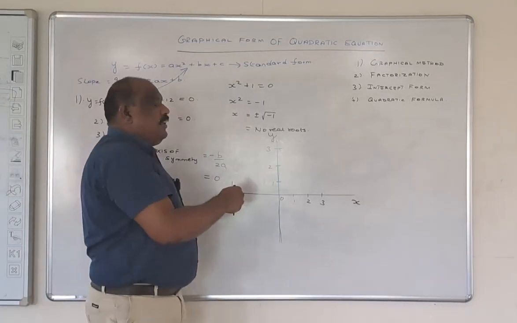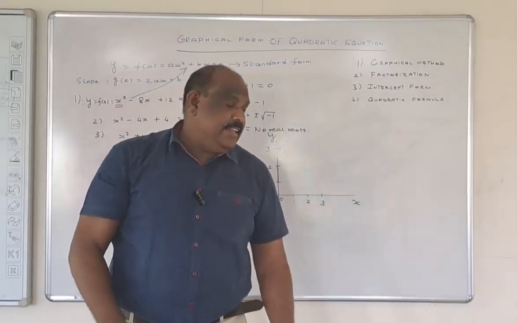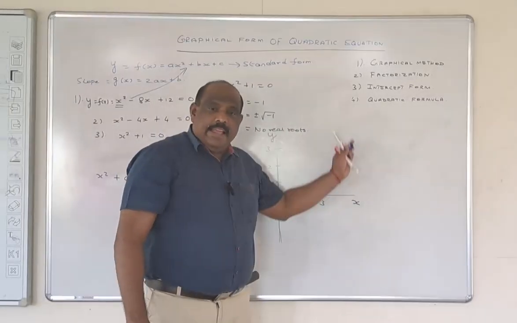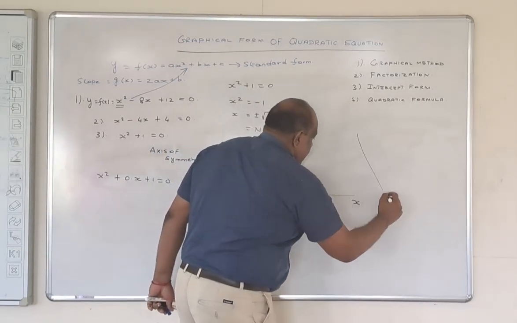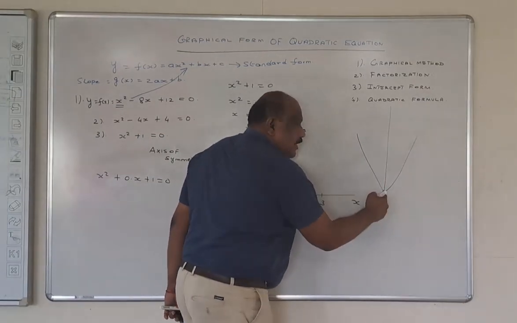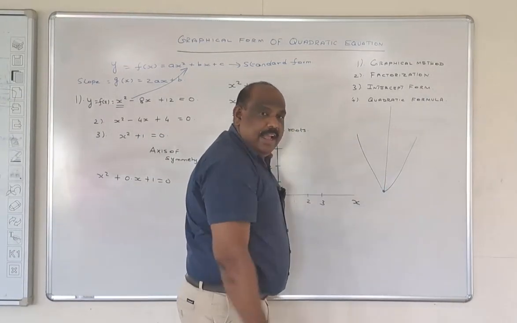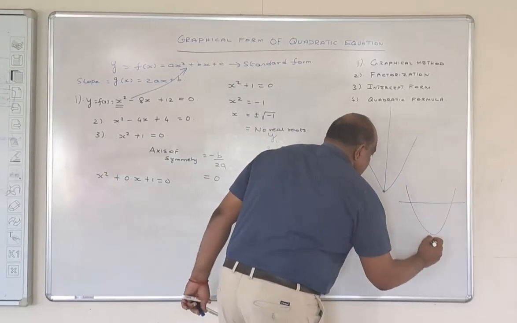I know the vertex will come along the axis of symmetry. In the second problem also we saw this is the axis of symmetry, isn't it? The vertex will come along the axis of symmetry. In the first problem also we saw this is the axis of symmetry.